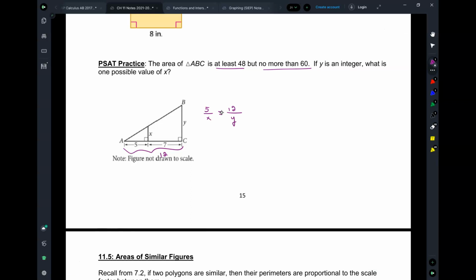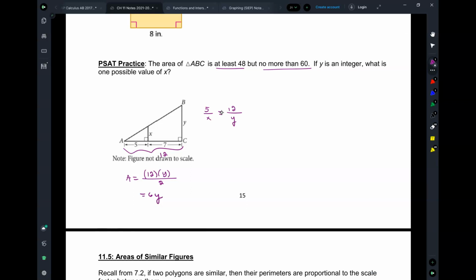Okay, and what we really need here is the area of triangle ABC. So what's the area of this? It's half times base times height. So 12 times y divided by 2, 6y.